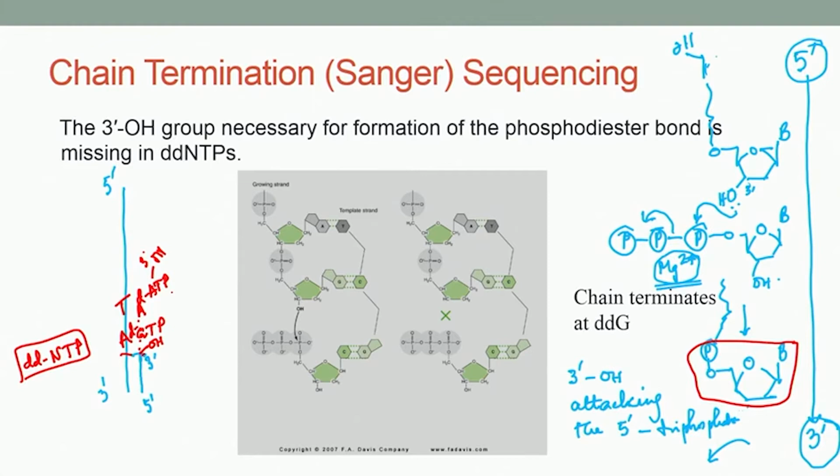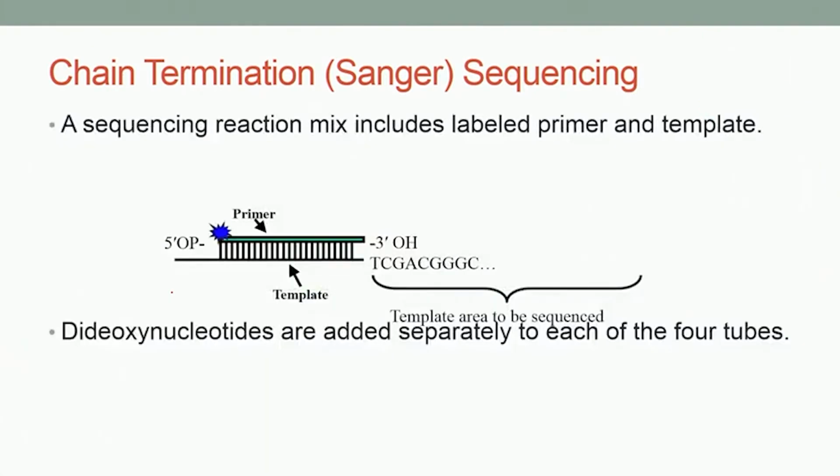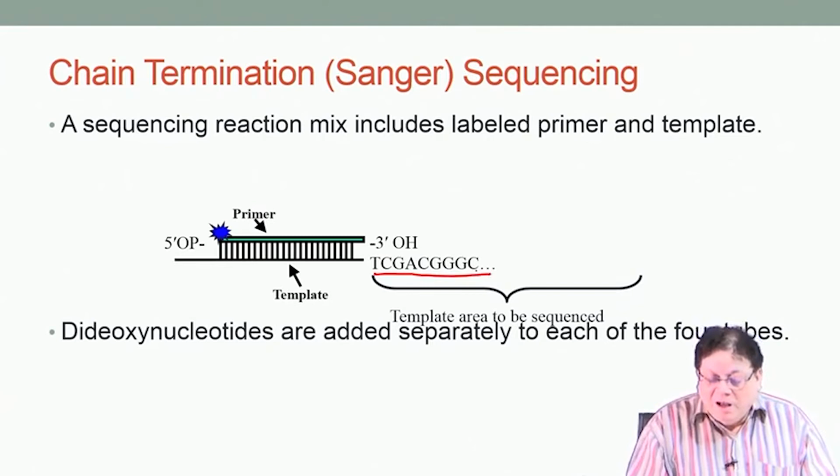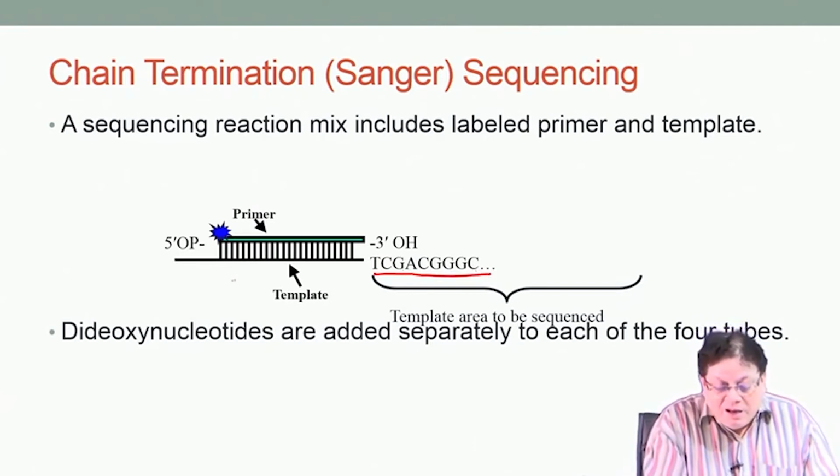Now, let us take an example, that will make it more clear. Let us see. So, suppose this is the DNA I want to sequence, and this is the one for which I need to know the base sequence. This part is what is called the primer.